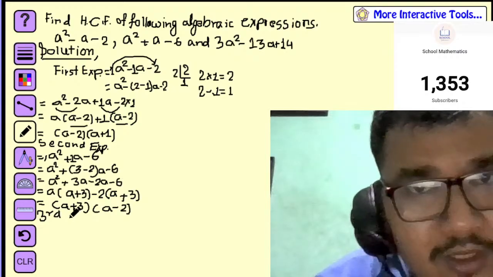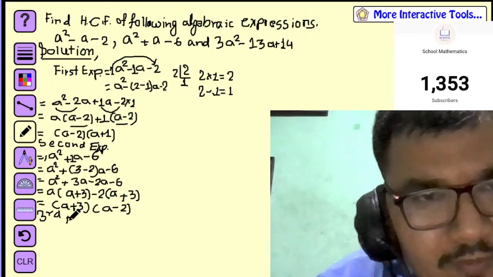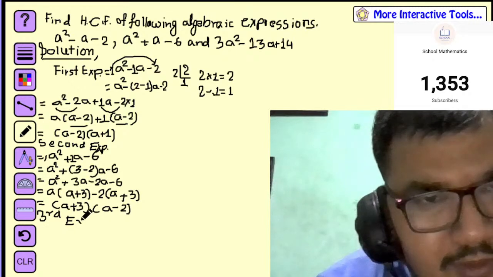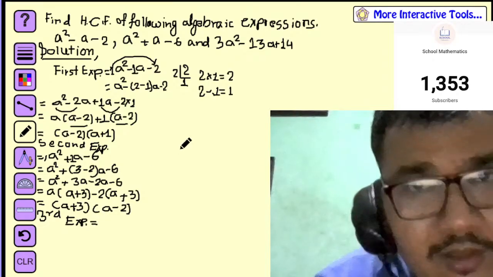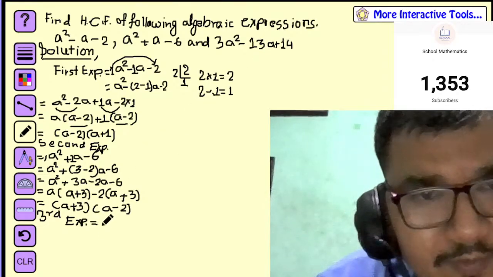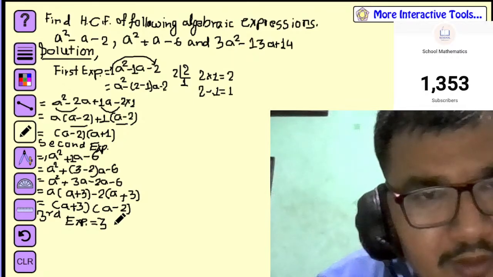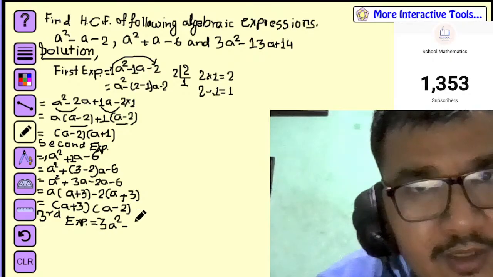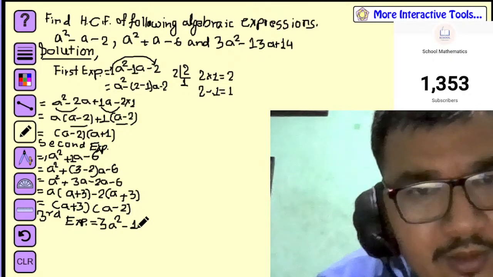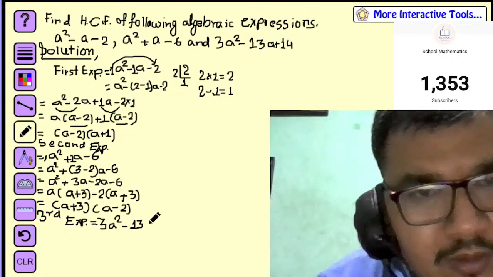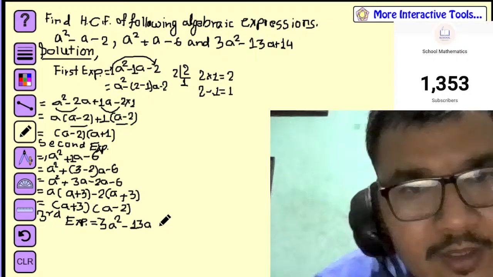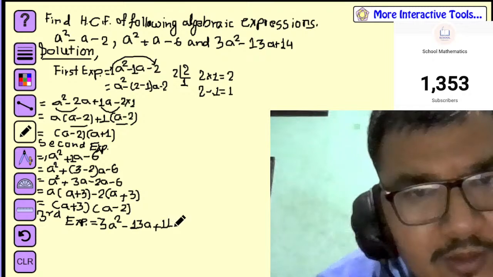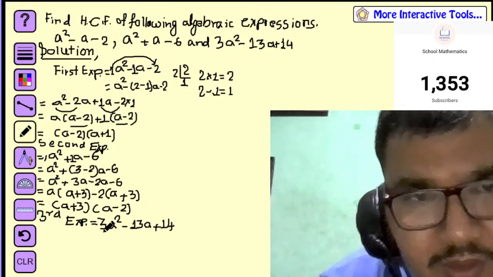Third expression is given there, and here 3a square, okay, 3a square, right, and minus there is 13a, right here 13a, okay, then right here plus, and this is 14, okay, it's 14.